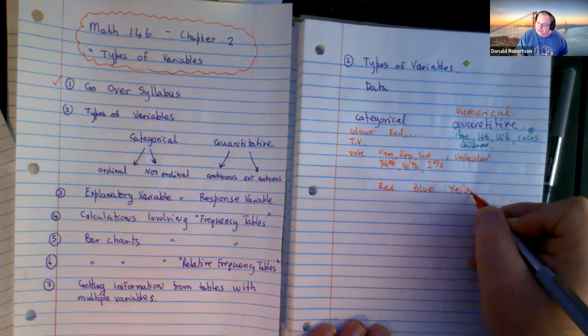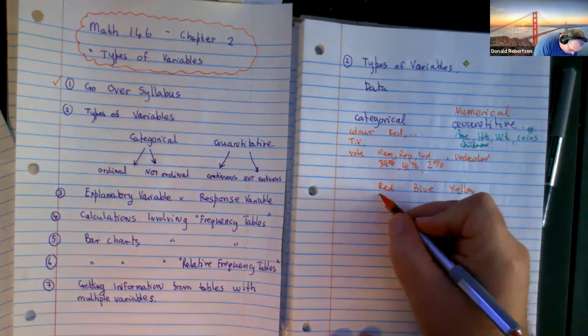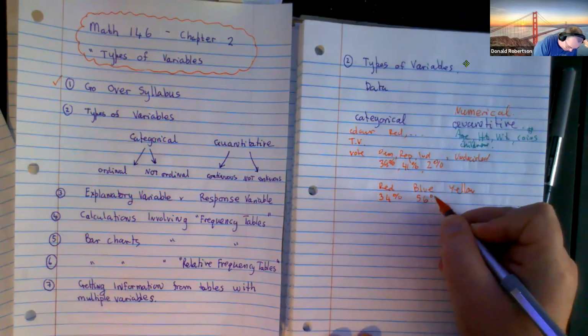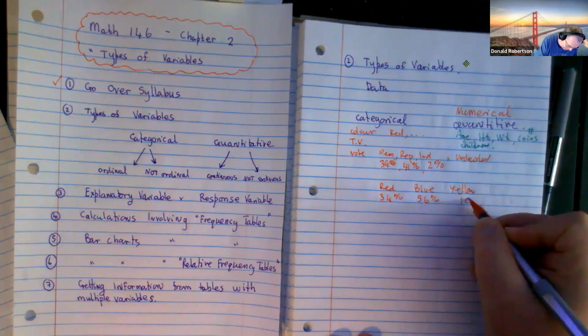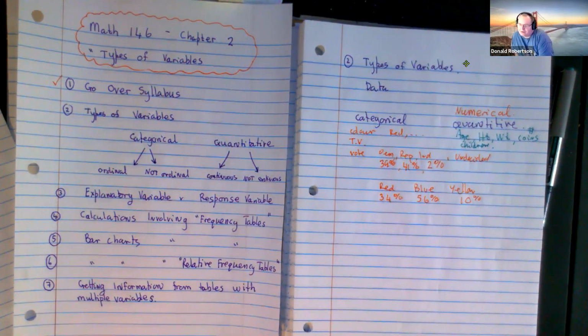That's all people answered. 34% said this one, 56% said that one, and 10% said that one. That was the end of my data collection, and I've summarized it in a nice, easy to read format. What I can do with this data is quite limited.